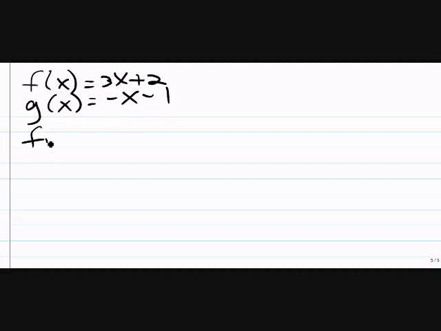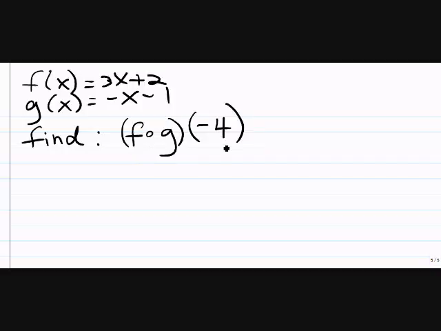And the first thing I'm going to ask you to do is to find f composed with g at negative 4. You also might be asked this question this way: f parentheses g parentheses negative 4, close up all the parentheses. That means the same thing.